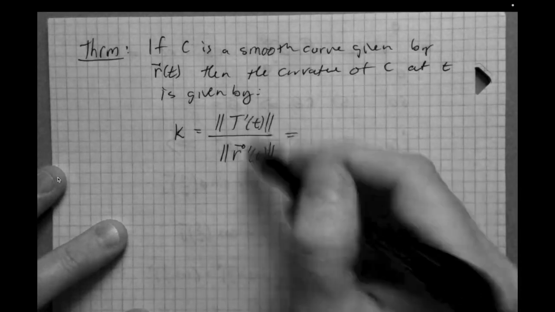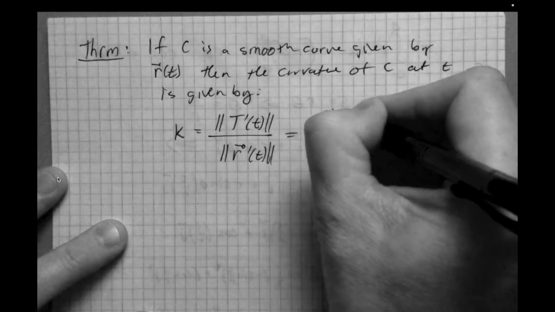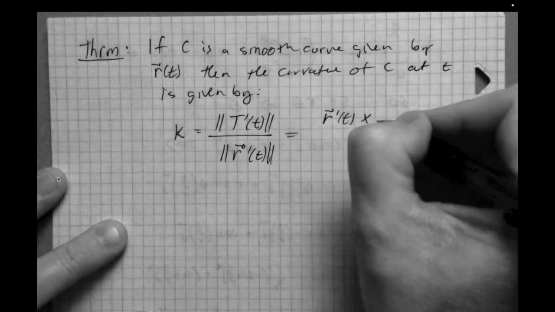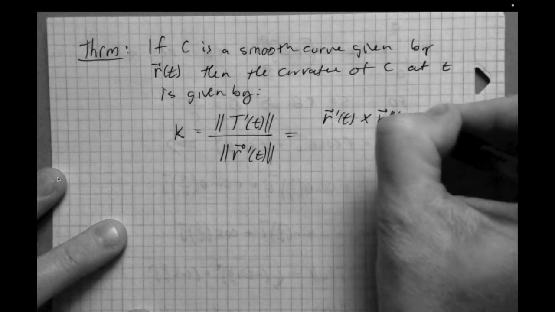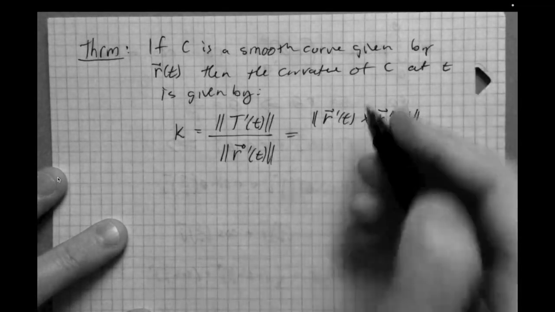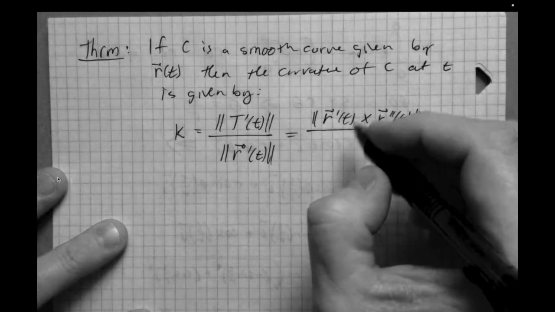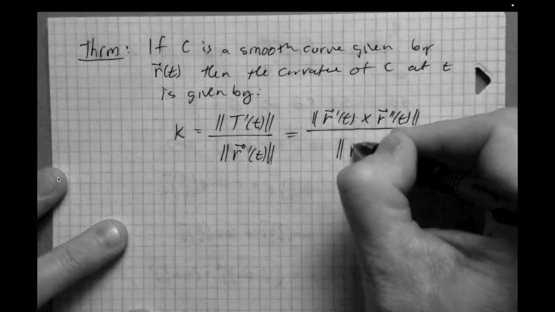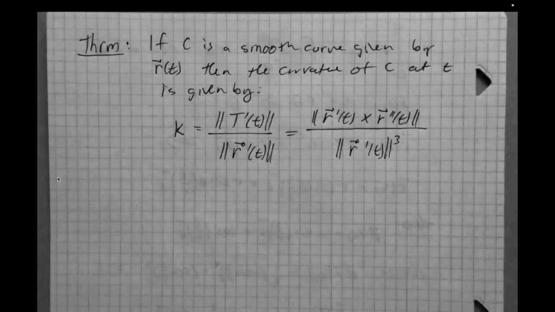Another equivalent expression would be to take r prime of t crossed with the second derivative of r, and then take the norm of that, and then divide that by the norm of r prime of t cubed.